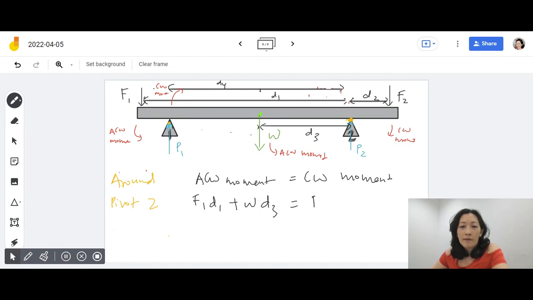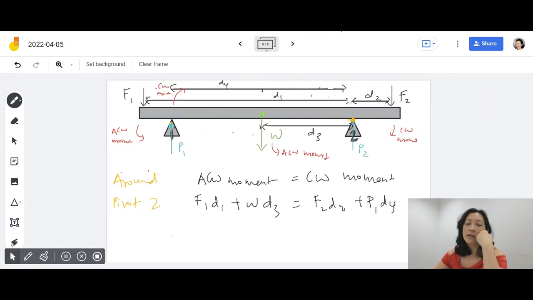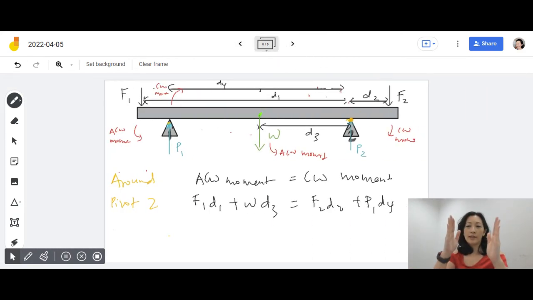Clockwise moment, you have F2 D2 plus P1 D4. If you look at this, it's so confusing. But basically what you do is you have two pivots. You label all the forces first, then you take one pivot, just focus on one pivot, all the forces rotating around that pivot. Or you take the other pivot point, all the forces around that other pivot.